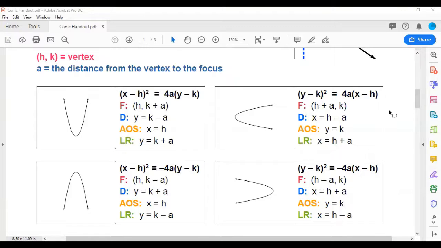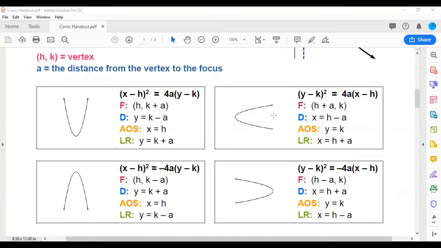Now here's how you determine what each of those somethings are. If it's a normal looking parabola, so for us, that means it's opening up or down, those are the parabolas we're used to, then the something squared is the part with the x, because if we think of our usual parabola formulas, it's always got an x squared in it. So the something squared is the x minus h.